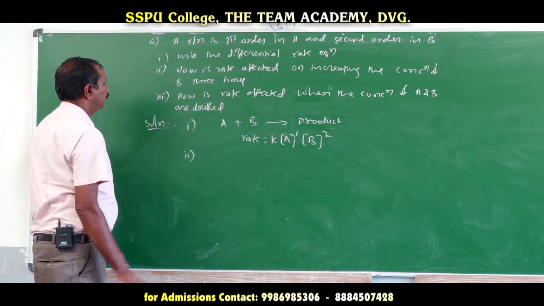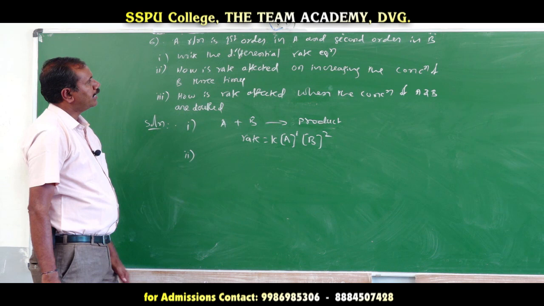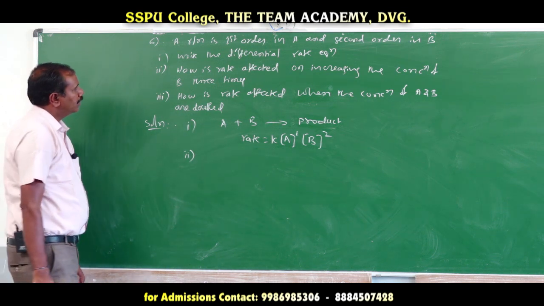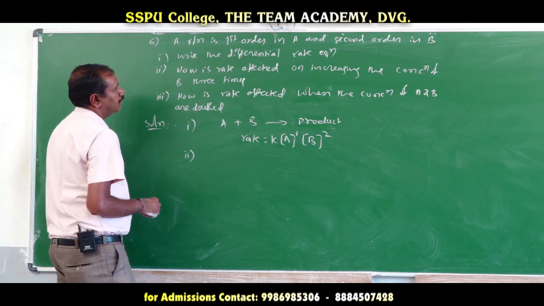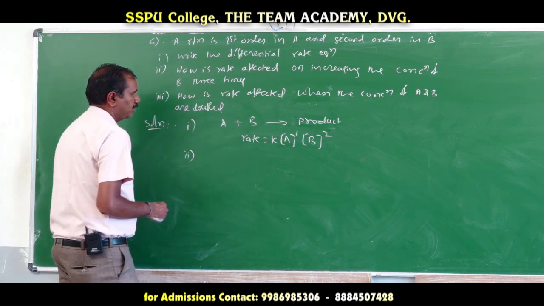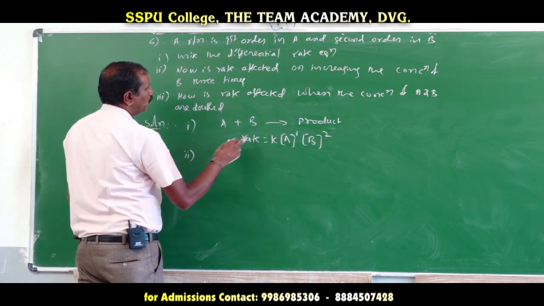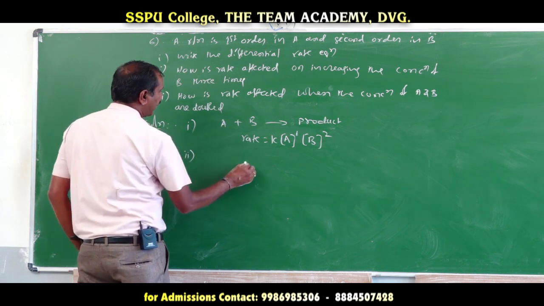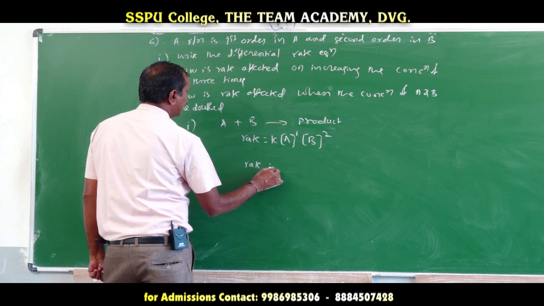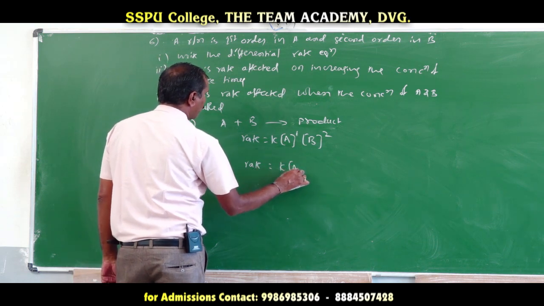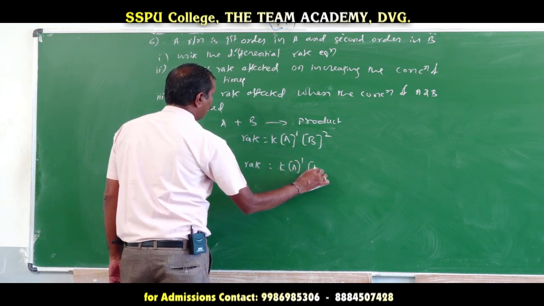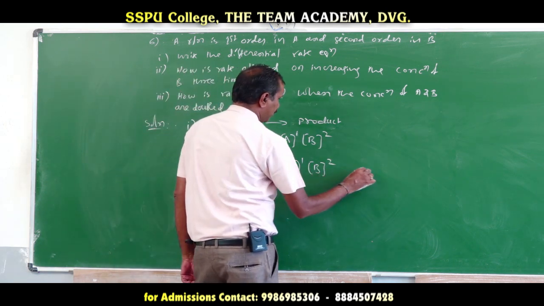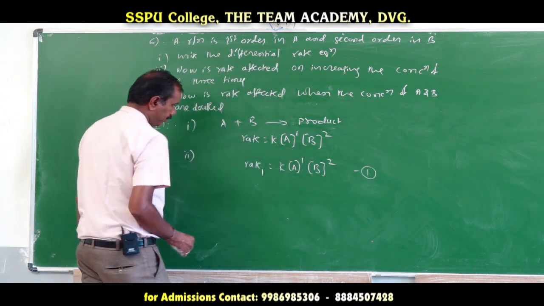Second question. How is rate affected on increasing the concentration of B 3 times? I mean, without change in the concentration of A. So, rate 1 equals K into A to the power 1, B to the power of 2. This is equation 1.